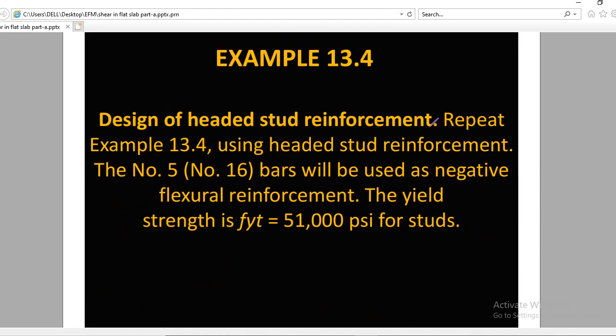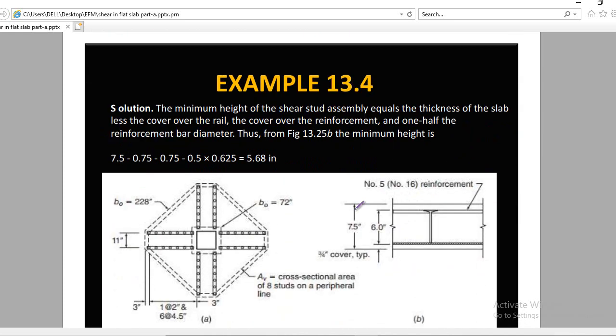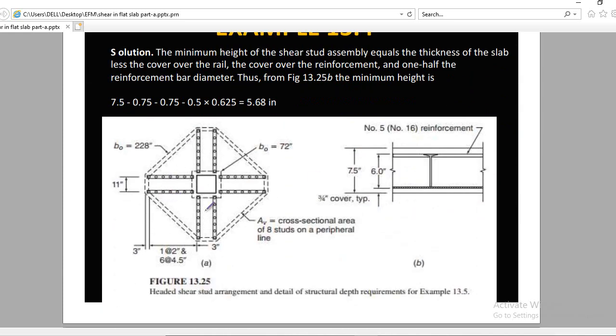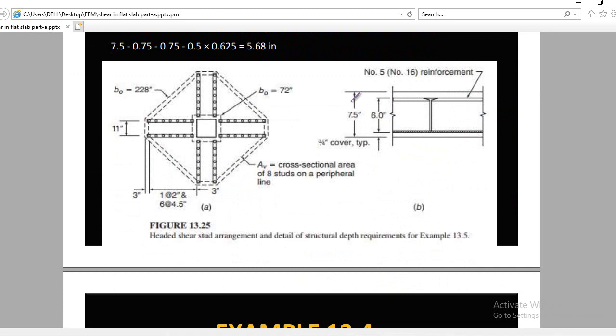Now it says here in this example to repeat this example using headed stud reinforcement. Number 5 bars will be used for negative flexure reinforcement, and we already know about this. So this is the layout. How to calculate the d average, I explained this in lecture number 11.